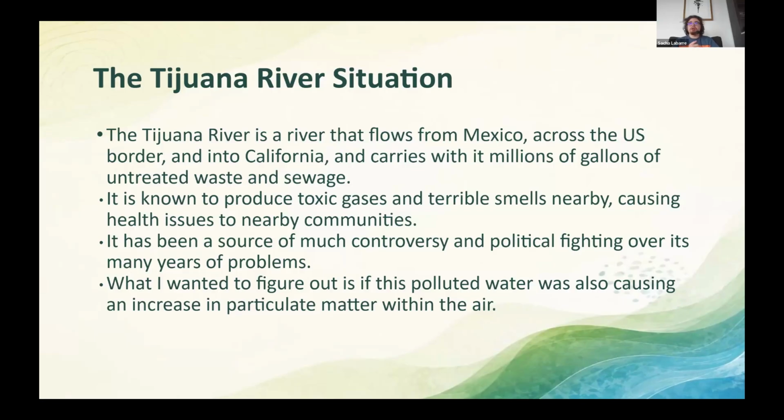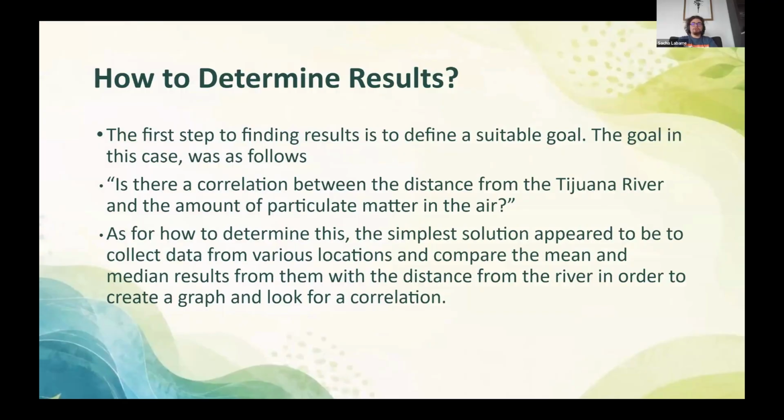What I wanted to figure out is whether this polluted water is also causing an increase in particulate matter in the air alongside it over a larger area. The first step to finding such a thing is to actually define a goal, which was: is there a correlation between the distance from the Tijuana River and the amount of particulate matter in the air?